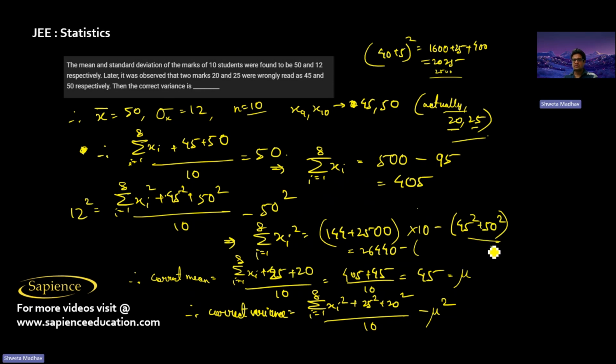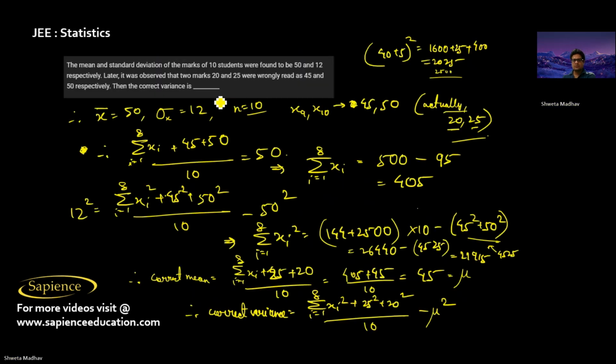So this sum is actually 4525. So minus 4525, that will be equal to 26440 minus 4525, so that is 21915.